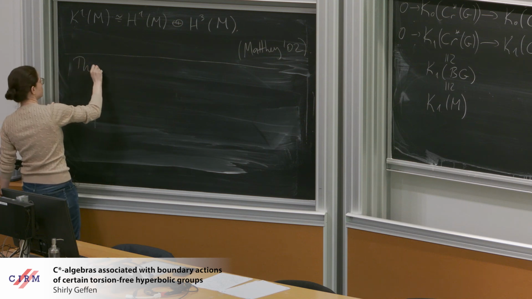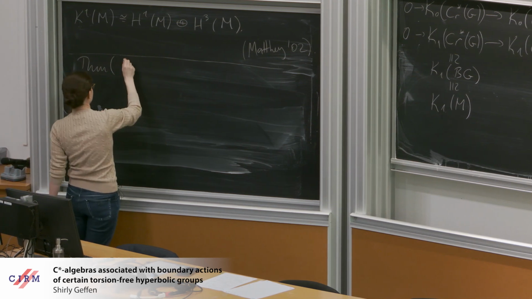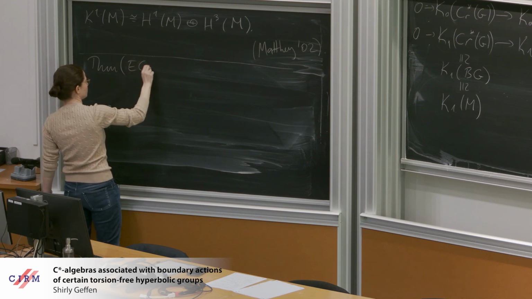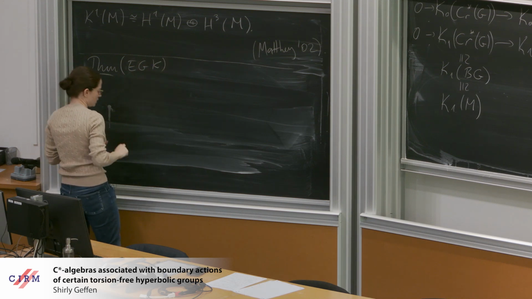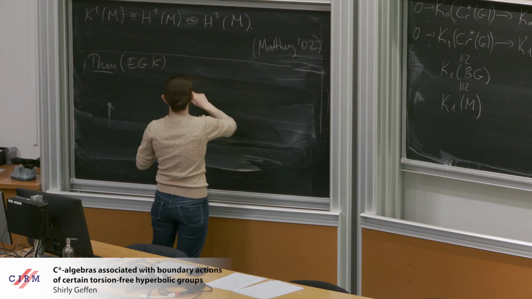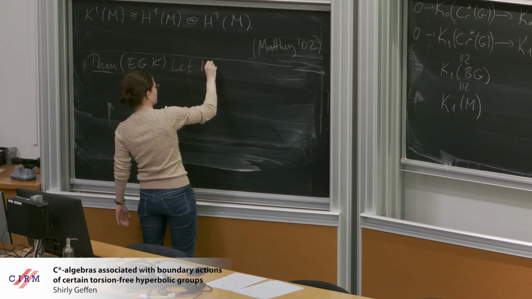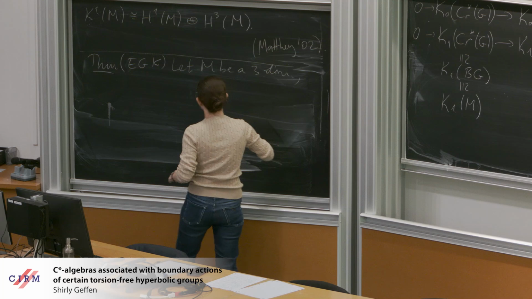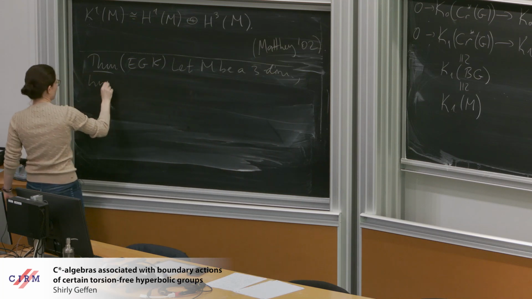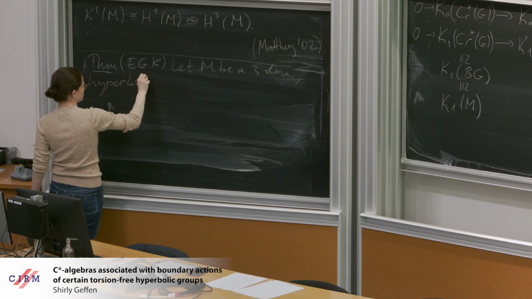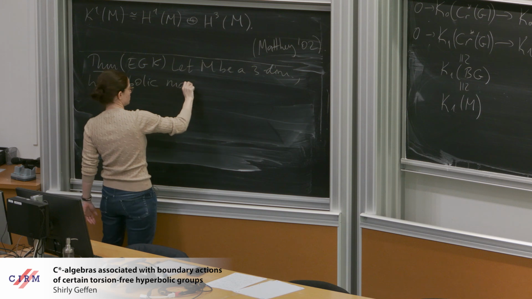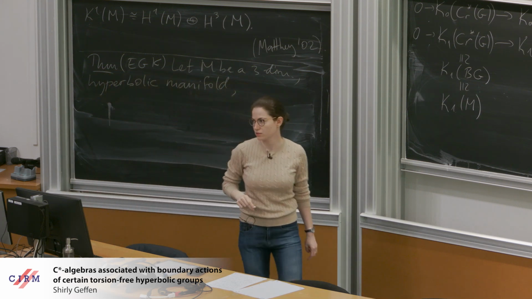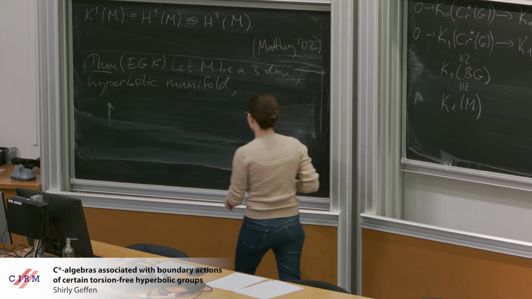So the theorem: let M be a three-dimensional hyperbolic manifold as above, and assume, moreover, that the first homology group of M is torsion-free.